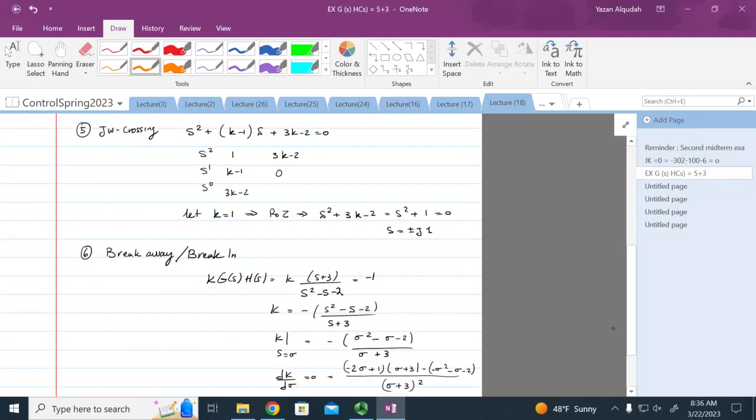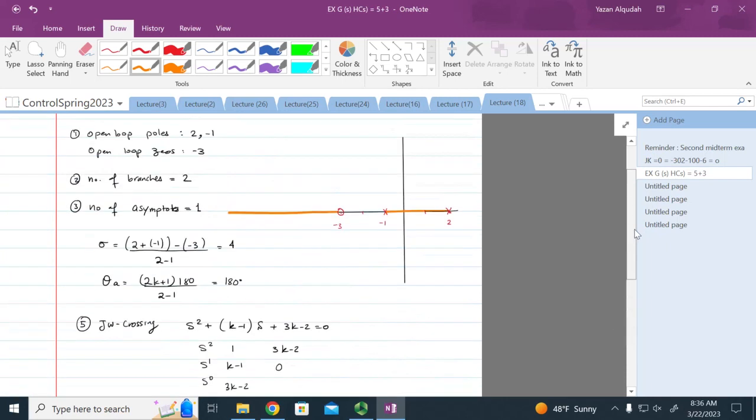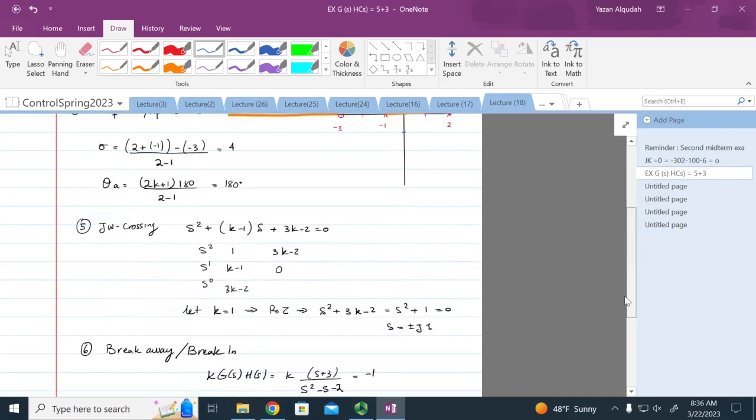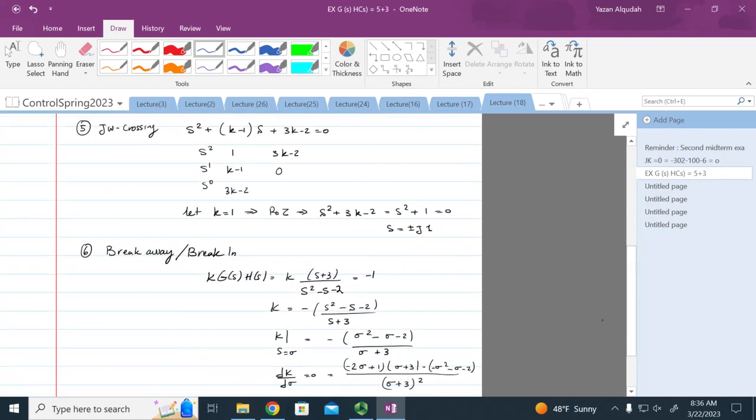Okay, we're going to calculate the breakaway and break-in points. Let's label this point here, j1, as the crossing of the j omega axis. To calculate the breakaway and break-in points, we take k multiplied by G(s)H(s), then write k equal to -1 over G(s)H(s).